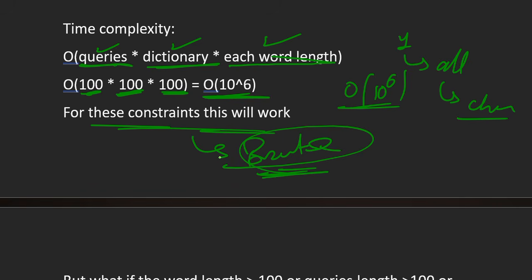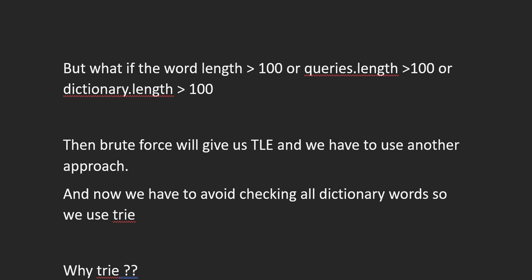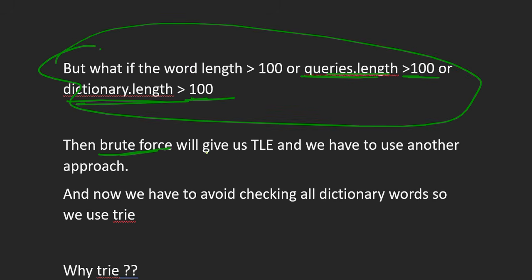But what if the word length is greater than 100, or the number of words in the queries array is greater than 100, or the number of words in the dictionary is greater than 100? Then our brute force approach will give us time limit exceeded, and we can't use it, so we have to think of another approach.